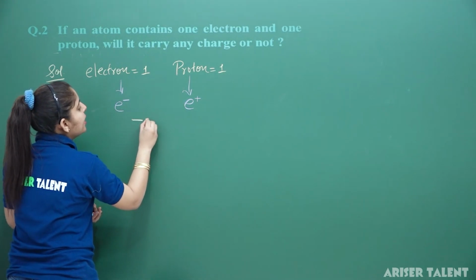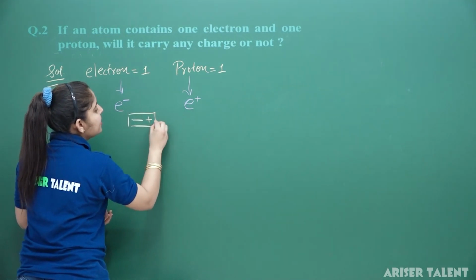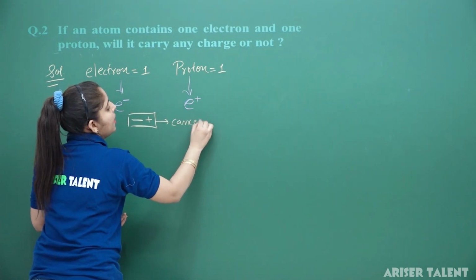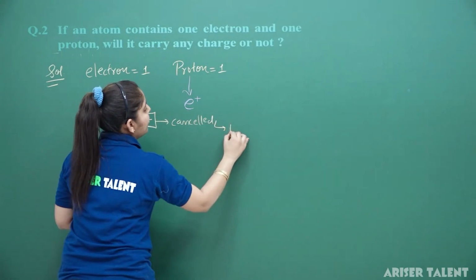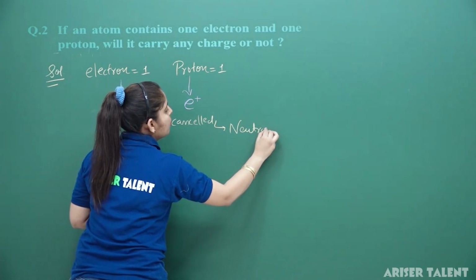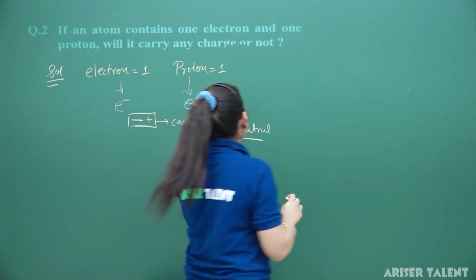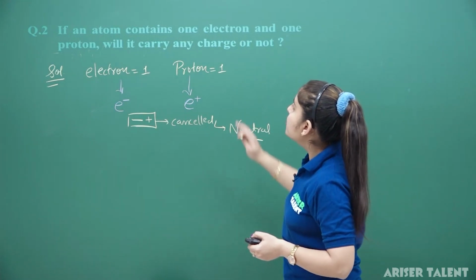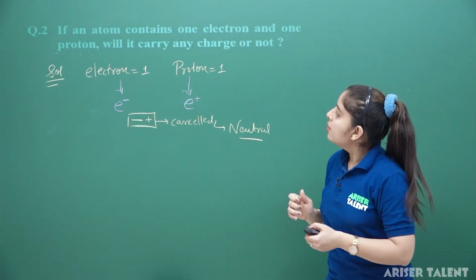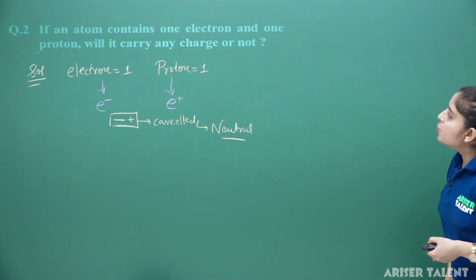So the negative and positive charges cancel, and we will get a neutral atom. So if an atom contains one electron and one proton, it will not carry any charge. So the answer is no.